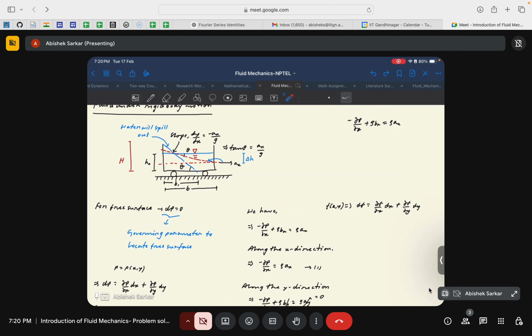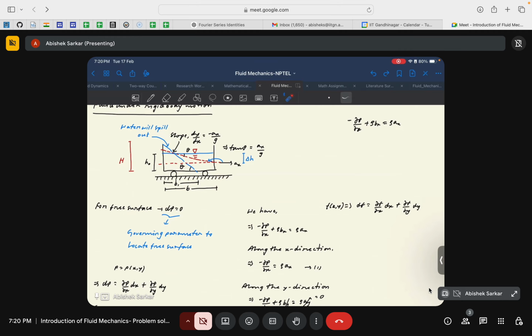These are scenarios where fluid might be in motion, but there is no relative motion between the fluid layers, or no shear forces. These are known as fluid under rigid body motion.